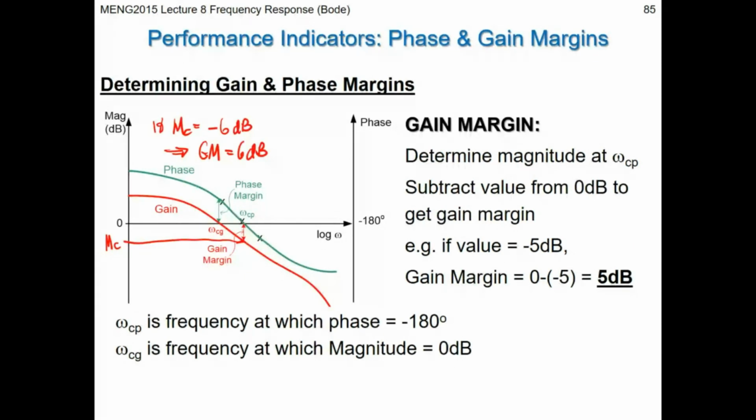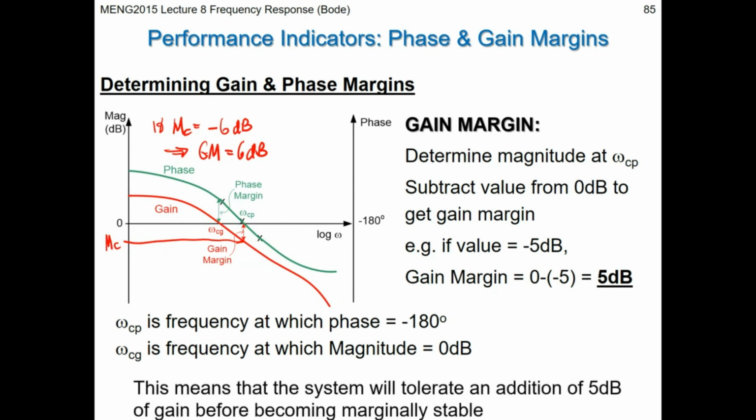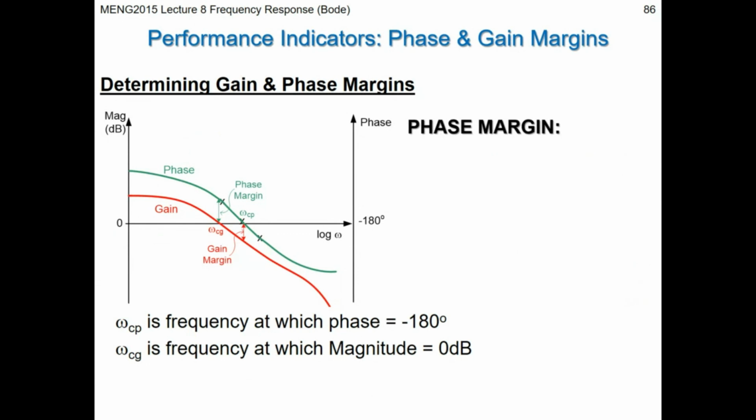If you have to move your gain line down to get the crossover at the same frequency, that means your system is currently unstable, and you have a negative gain margin. In this case, if we have a positive gain margin like 5 decibels, that means the system will tolerate an additional 5 decibels of gain before becoming marginally stable.